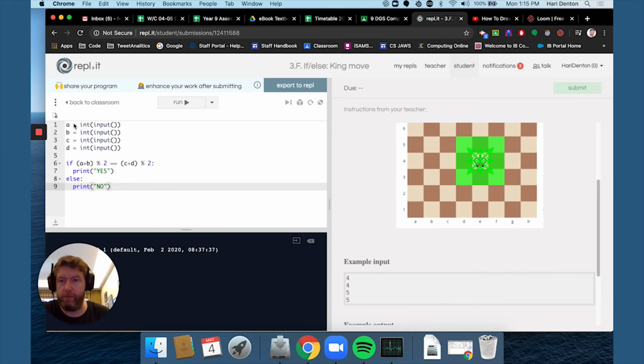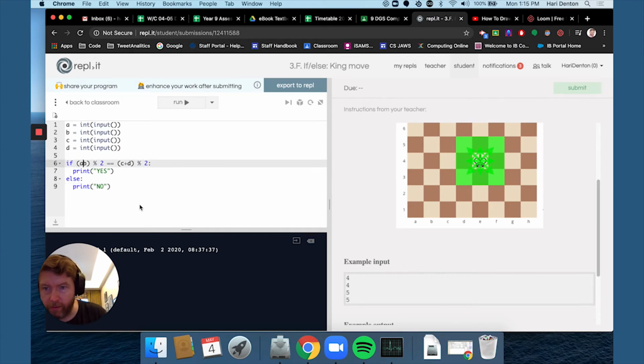So boom, we've got A, B, C, D, and basically, if A minus C equals 1, or it equals -1, or it could equal 0.